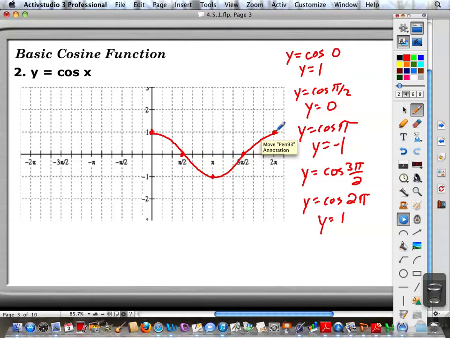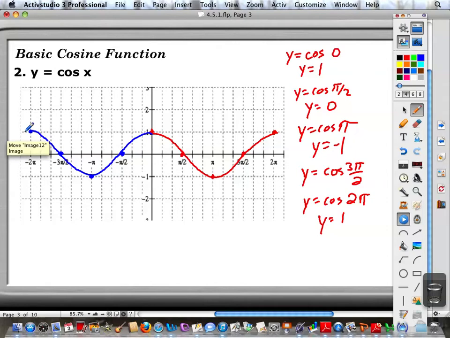It doesn't look a whole lot different than the sine, other than it looks like the sine graph that's been shifted a little bit. If we go backwards a rotation, we'd have negative pi over 2 at 0, negative pi at negative 1, negative 3 pi over 2 at 0, and negative 2 pi puts me back at positive 1. So it's still that same kind of rolling curve.